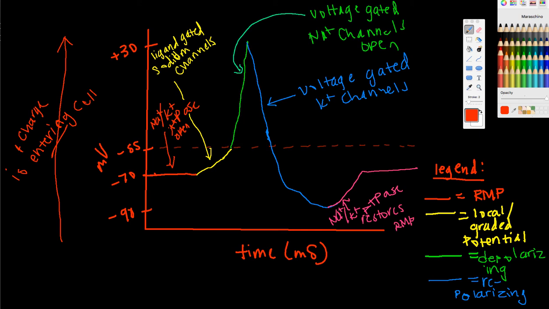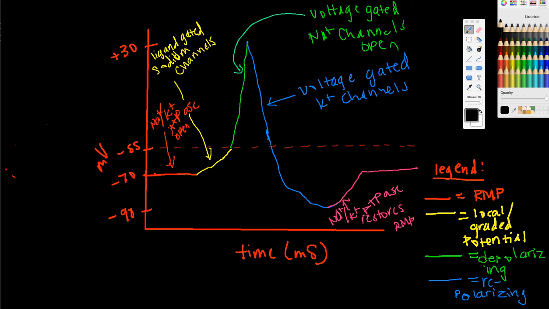If it's going in the opposite direction, that means that positive charge is leaving the cell. So I'll draw that too. I just need to erase real quick. So when the line is moving back down, that means positive charge is leaving the cell, either very quickly via potassium channels, or more gradually.